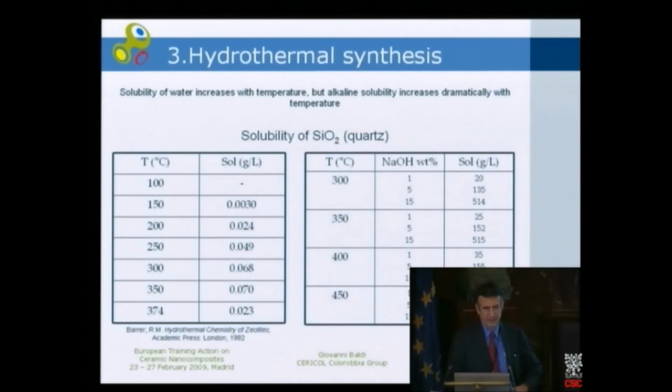The important point is the pH condition when we're speaking about the hydrothermal technique. For example, we can note that the solubility of silica in water increases with temperature, but in alkaline media, solubility increases dramatically with temperature, as we can see in this slide.